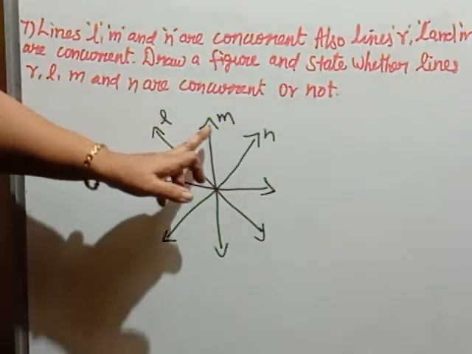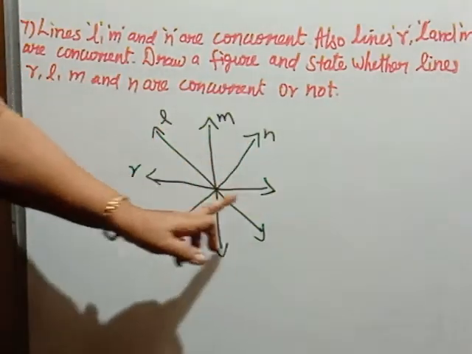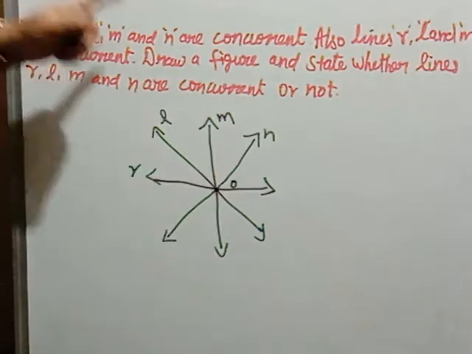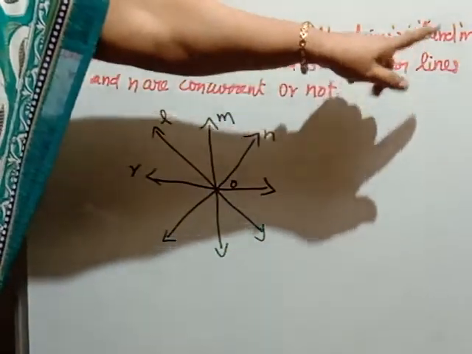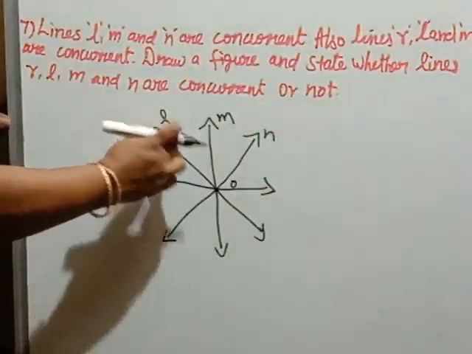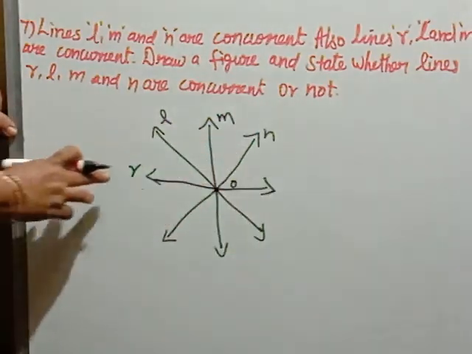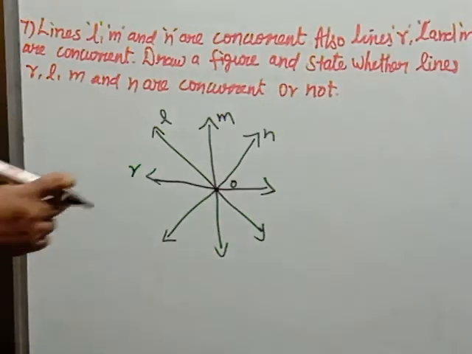First one, L, M, N are concurrent lines. They pass through the same point O. They are asking whether lines R, L, M are concurrent. This also should be concurrent with R. So, we can draw the R line through the same point of concurrency.